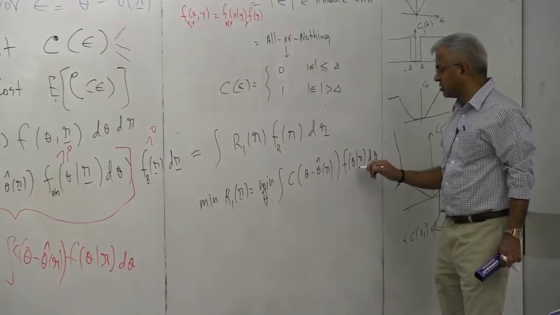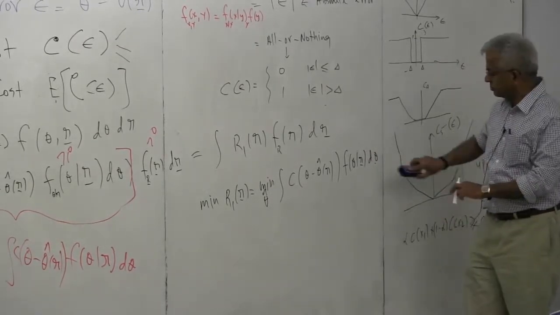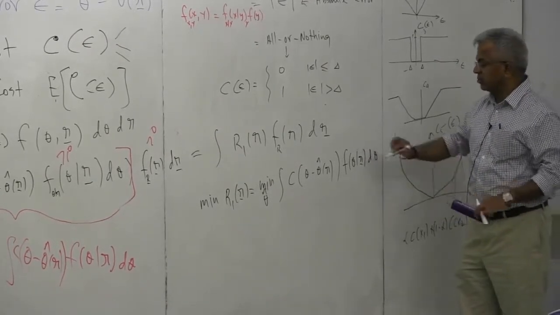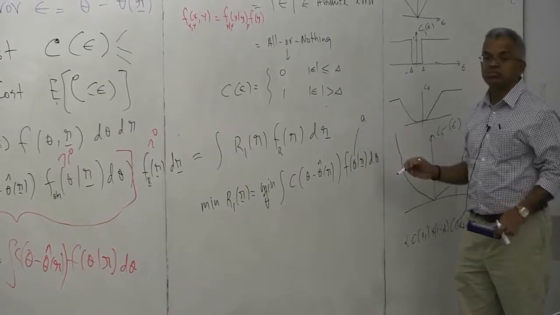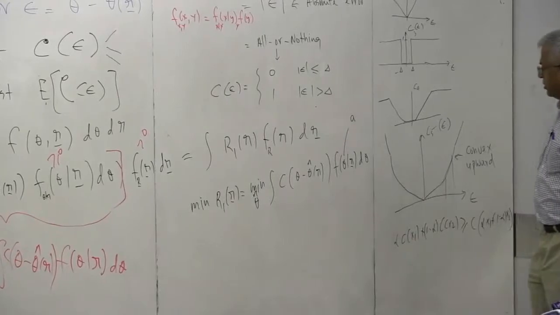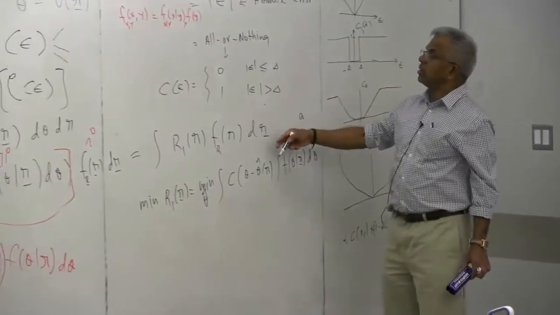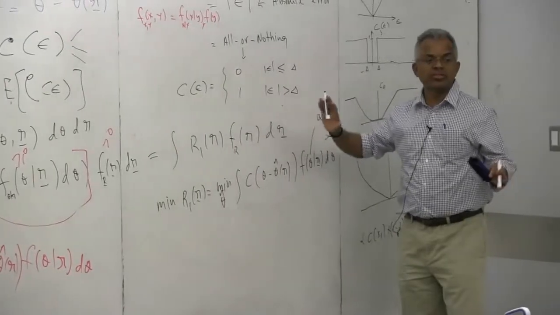The book uses, instead of theta, the symbol A. So theta is the unknown quantity. All right, this is as far as the theory goes.